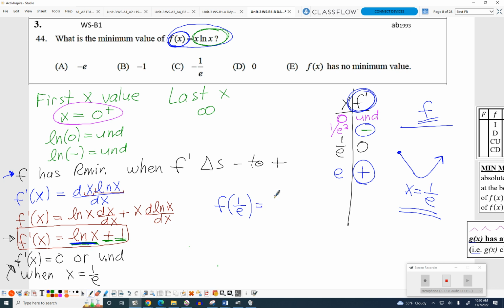So the x value is 1 over e. Well, then I have natural log of 1 over e. Natural log of 1 over e is -1. Therefore, the correct answer is C. If you were showing C, give yourself 3 points.